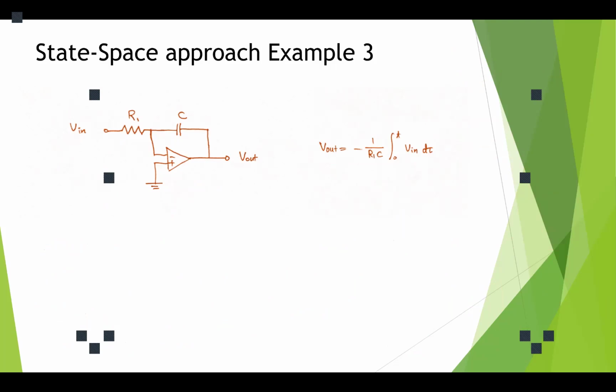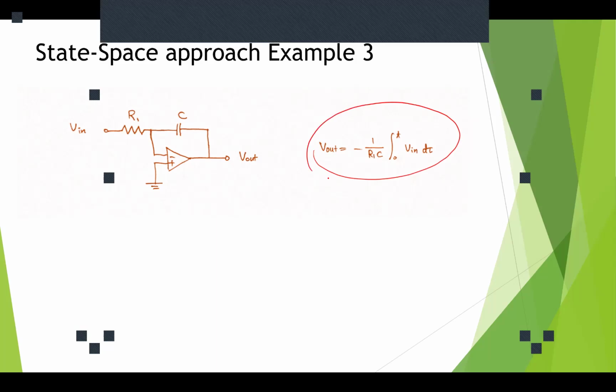Let's look at an actual circuit. We already saw the integrator circuit using an op-amp. Before, we ran the KVL and found that V out is minus 1 over RC times the integral of V in dt, right?